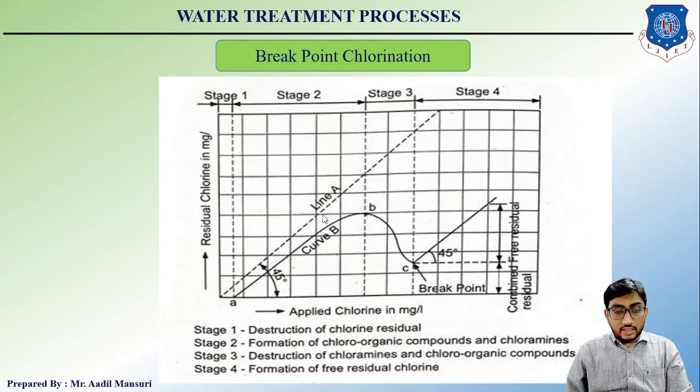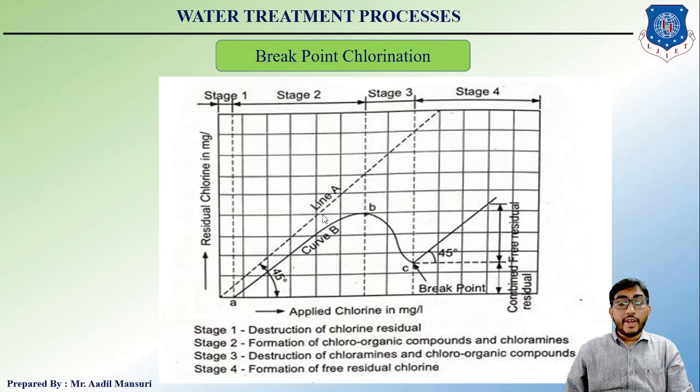Talking about the advantages, first, it will remove taste and odor. Second, it will leave an adequate chlorine residual. Third, it will complete the oxidation of ammonia and other compounds. Fourth, it will remove color due to organic matter by about 30%. The breakpoint stage should be determined in the laboratory.